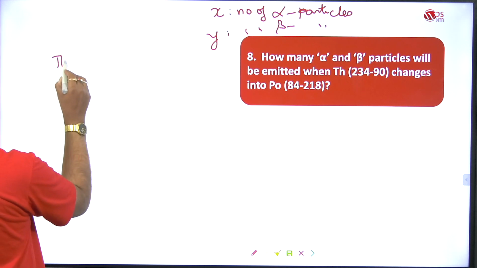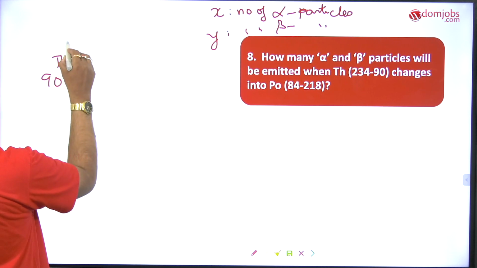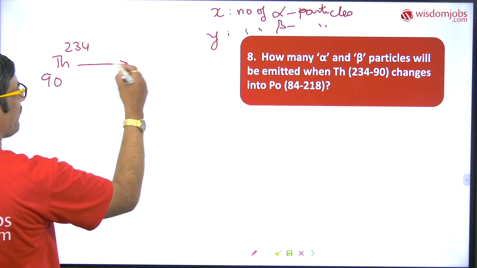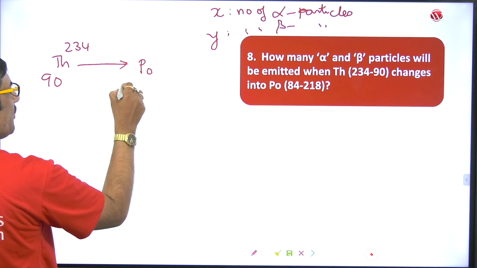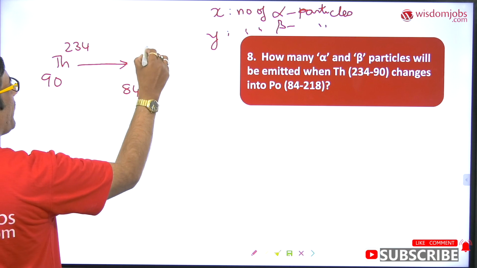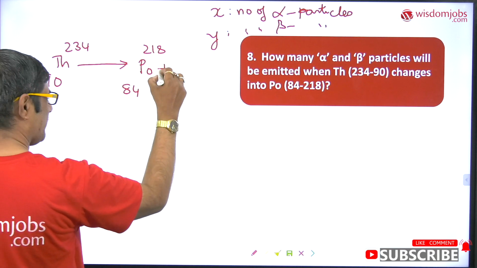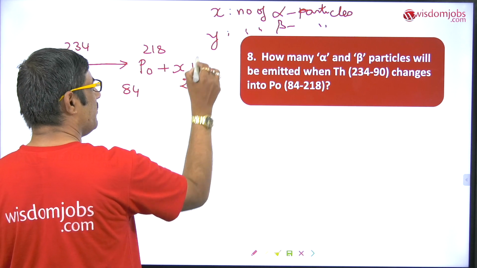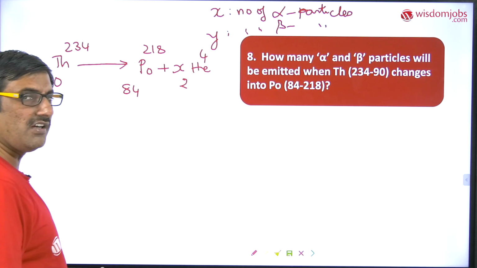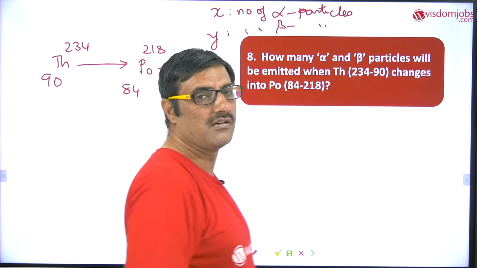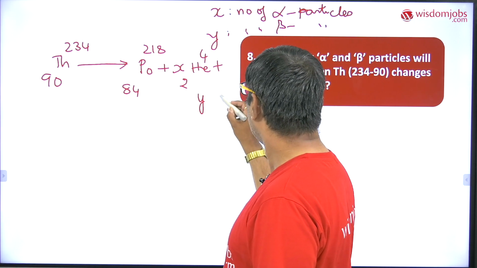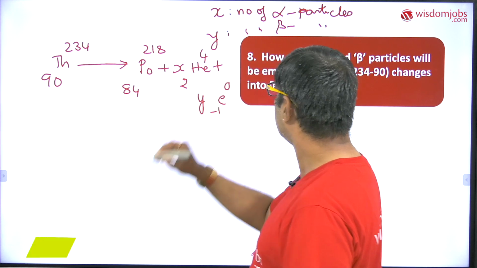So if I write the disintegration equation, what am I going to get? Thorium Th 90 234 gives rise to, now what is the final product? It is polonium 84 218 plus X into He 2 4, the number of alpha particles emitted, plus Y into e minus 1 0.